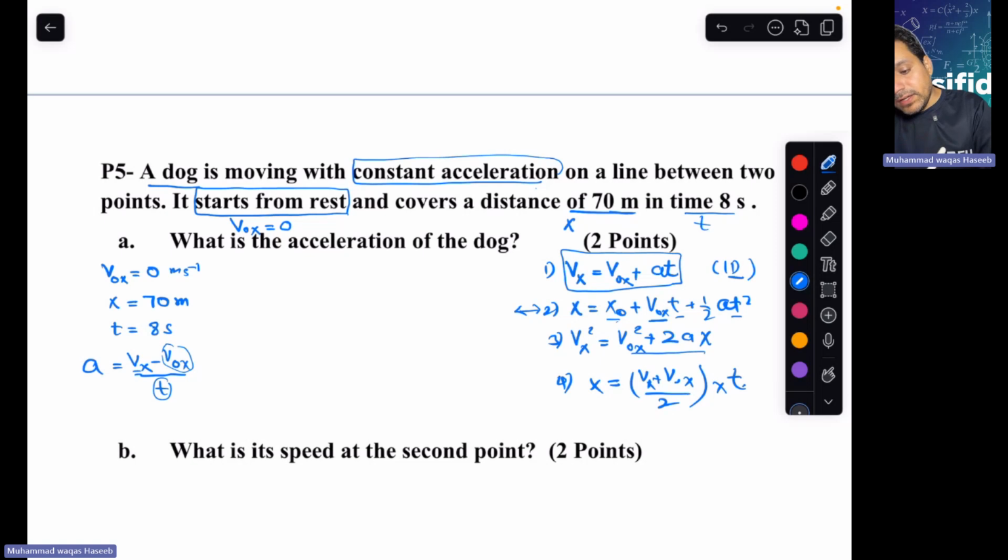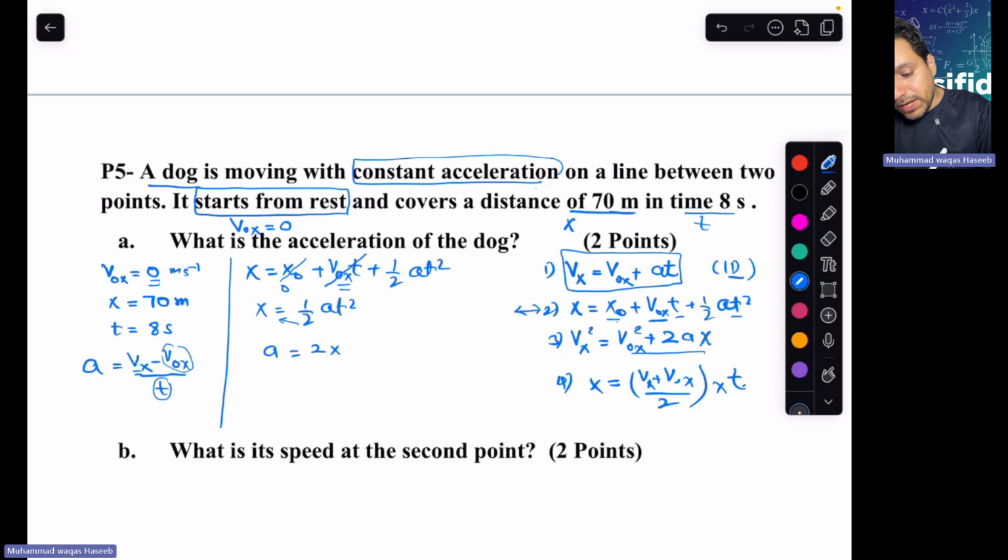So we can use the second equation of motion, which is x equals x naught plus v naught of x t plus 1 half a t squared. V naught of x is 0, so that term goes to 0. You're left with x equals 1 half a t squared. Rearranging, a equals 2 times x divided by t squared.